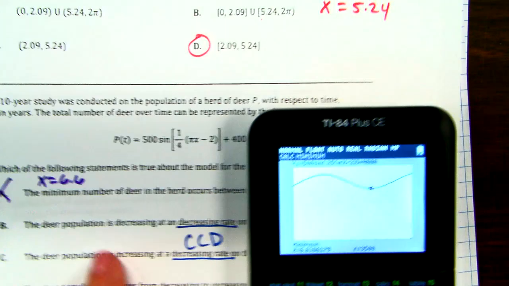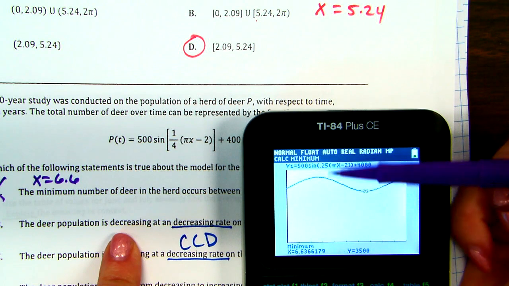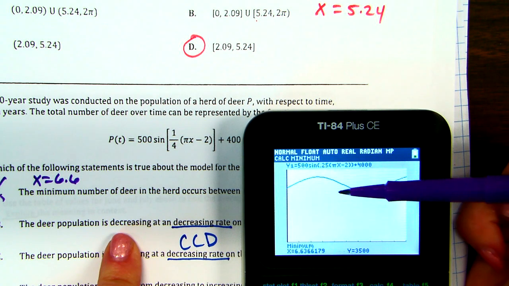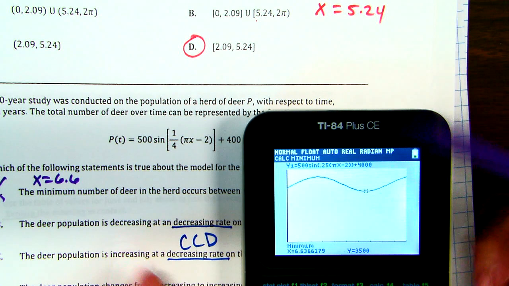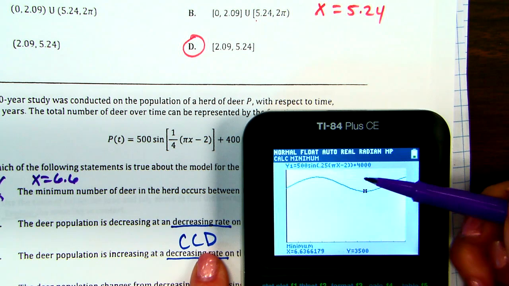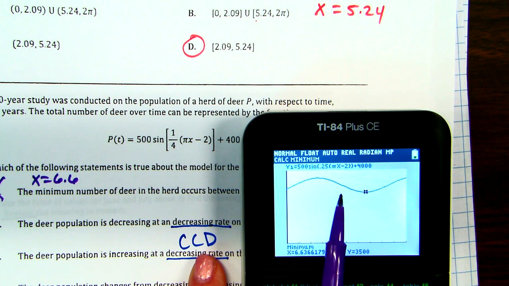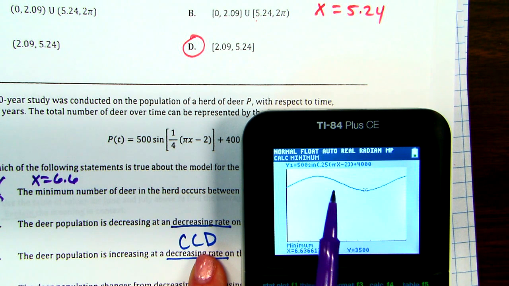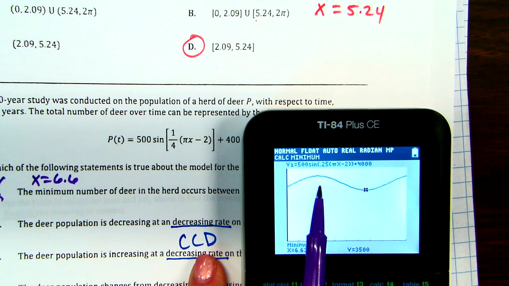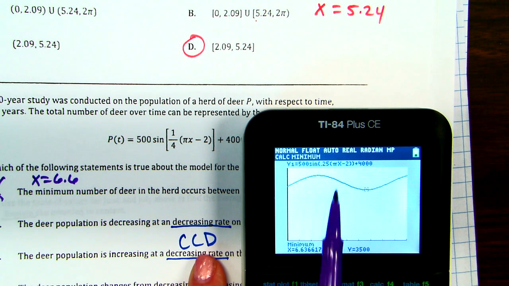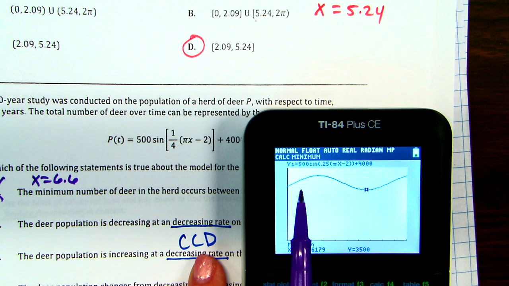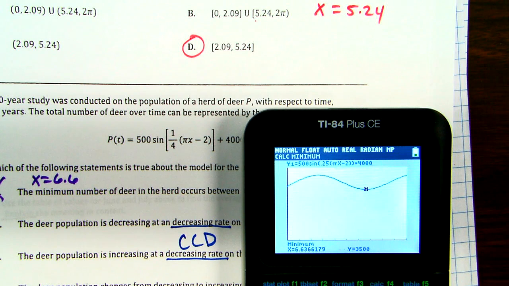Visually, just looking at the graph, where are we decreasing? We're decreasing right here. Where are we concave down and decreasing? That would be from here to about the middle, right? Because somewhere in the middle of there we switch to concave up. So let's see what this max value is and see if that number makes sense, okay? Because that's where it would start to decrease.